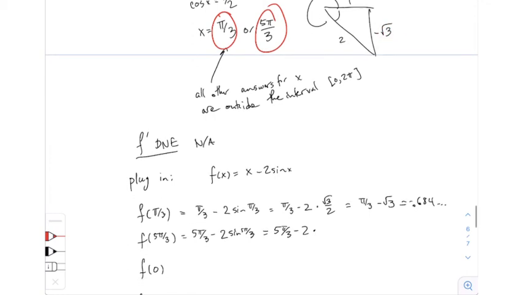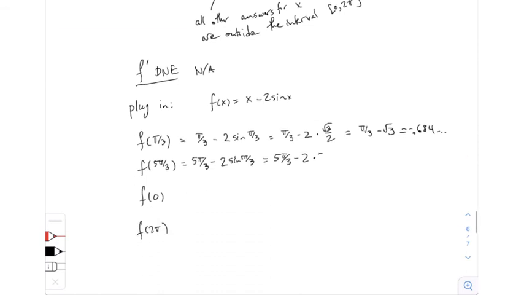So that's negative root 3 over 2, which is 5 pi over 3 minus, I guess plus root 3, right? The 2's cancel, and the minus makes a plus. And this I plugged into my calculator and got 6.968, etc.